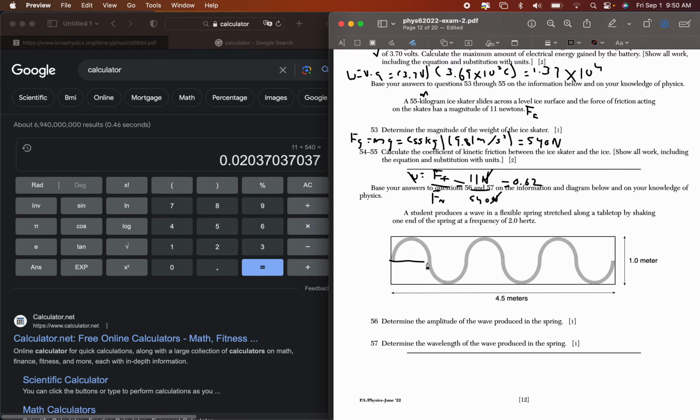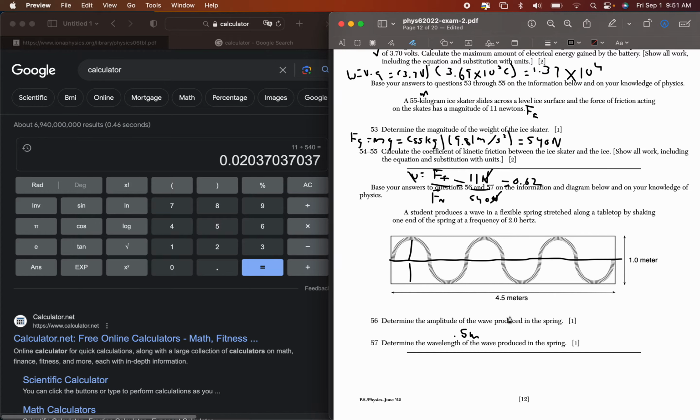So the median line cuts through the middle of the wave. If you were to imagine this right here, that's the median line. So the amplitude will be the distance from here to the top, or the distance from here to the bottom. It has to be equal. So since we have 1 meter here, we can just divide by 2, right? 1 meter divided by 2, this is 0.5 up, 0.5 down. So the amplitude is going to be 0.5 meters.